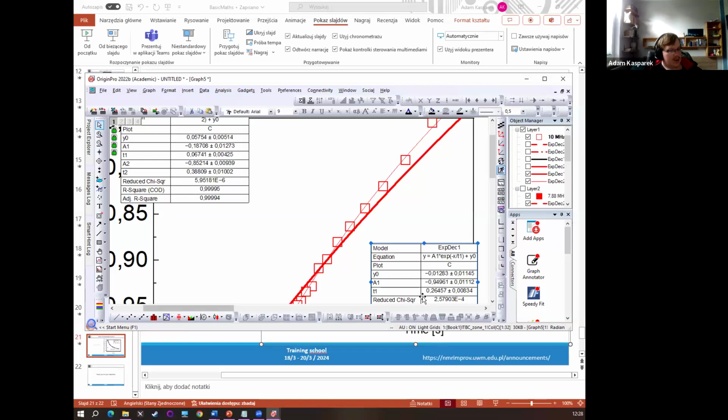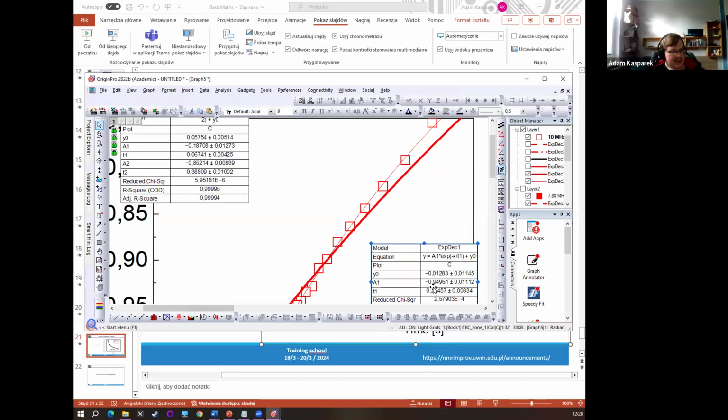I'm sorry, the T1. So the inverse of the relaxation rate here is 0.26. And this is somewhat in the middle of 0.38 and 0.67.